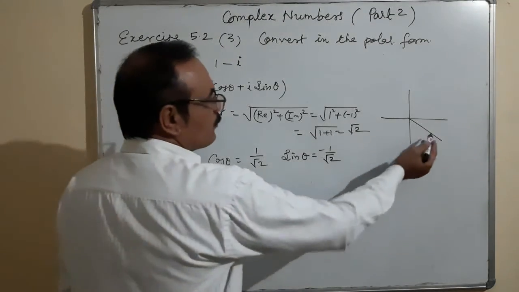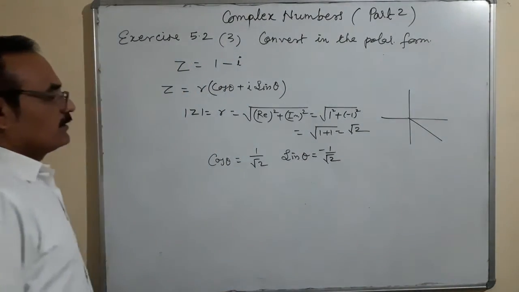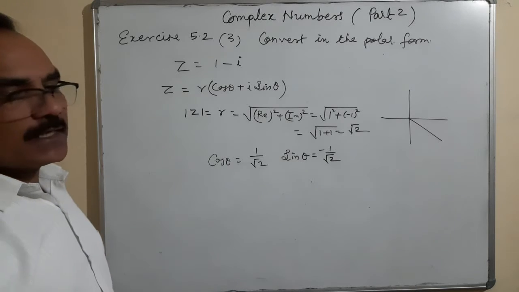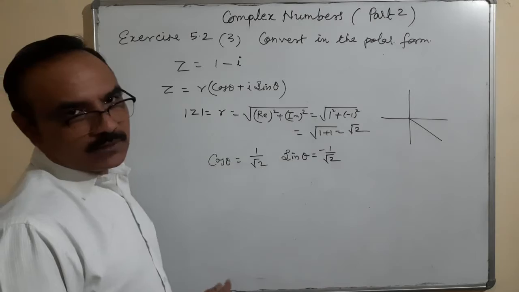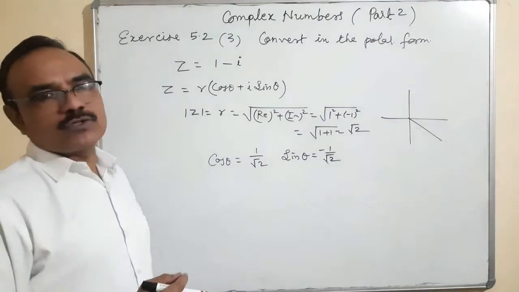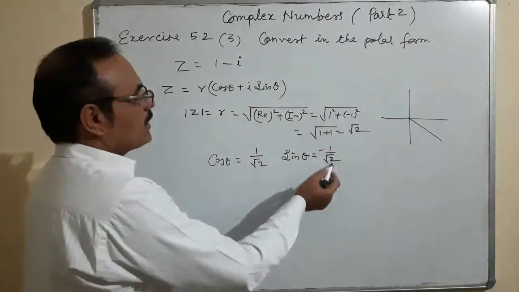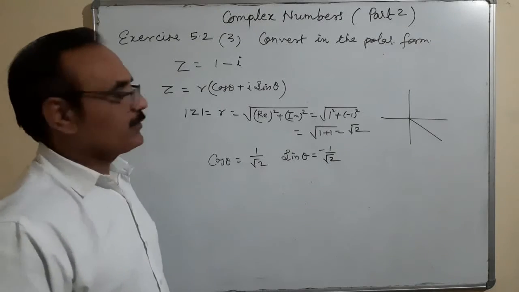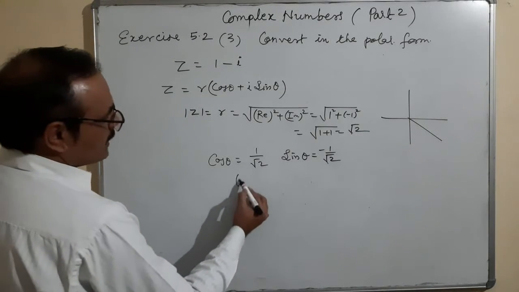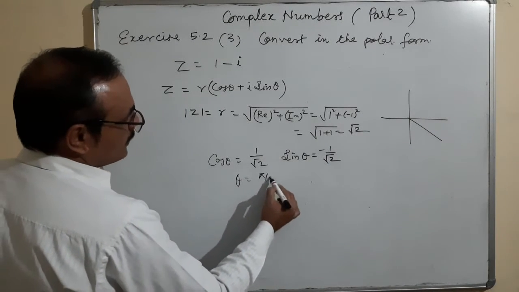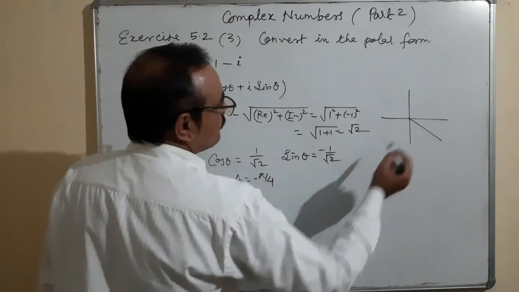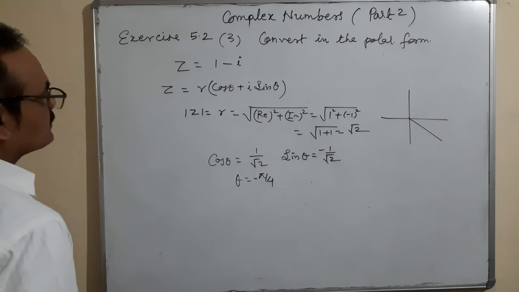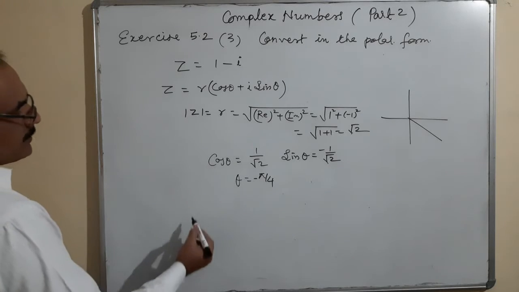So it comes in the fourth quadrant where cos is positive and sine is negative. So 1 upon root 2, the value in the cos is cos pi by 4. 1 upon root 2 in the sine is pi by 4. Okay. So that means the value of theta is equal to pi by 4 with minus. Okay. Because it is in the fourth quadrant. So the principal argument is this. Now let us represent in the form of polar form.